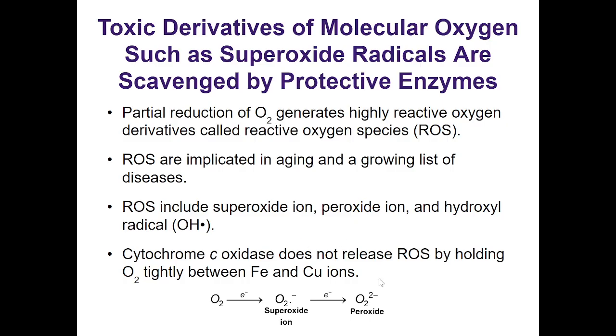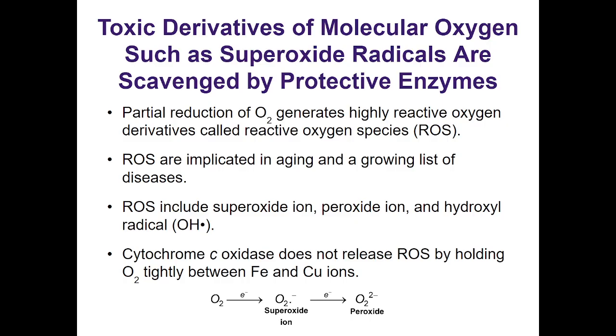So the cytochrome C oxidase does not release the ROS, by holding O2 tightly between that Fe and Cu ions. We kind of talked about that before. That peroxide bridge being established is both to make it more reactive and lower energy barriers to overcome, normal enzyme stuff, but also to protect you, right?